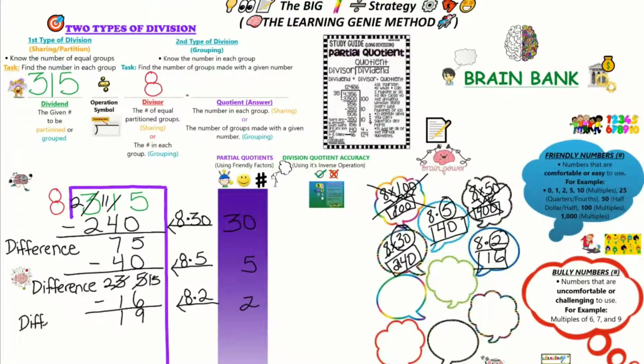This new difference now becomes my next dividend. So now I must skip count by 8 until I get as close as I can to 19 without going over 19. Let's see. I think I'm going to use 2 again because it is still less than 19, or rather 16 is still less than 19.